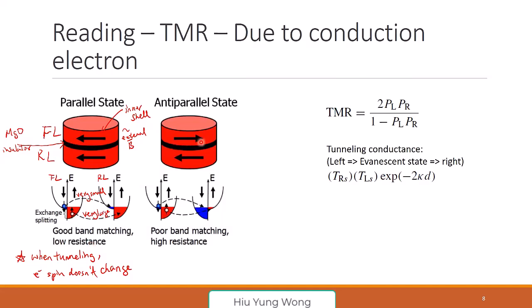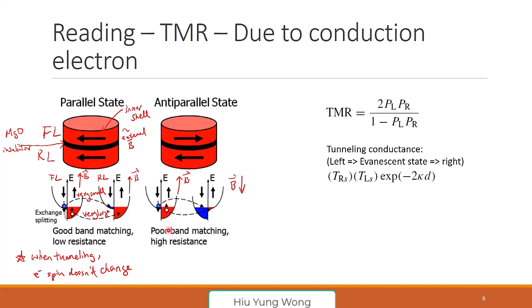Now, what if they are anti-parallel? Because they are anti-parallel, on the top, let's assume it's the same. This drawing is not that good, right? But they're just different. On the top, because the external magnetic field is pointing up, here is B, they all point up, and here is B pointing down.